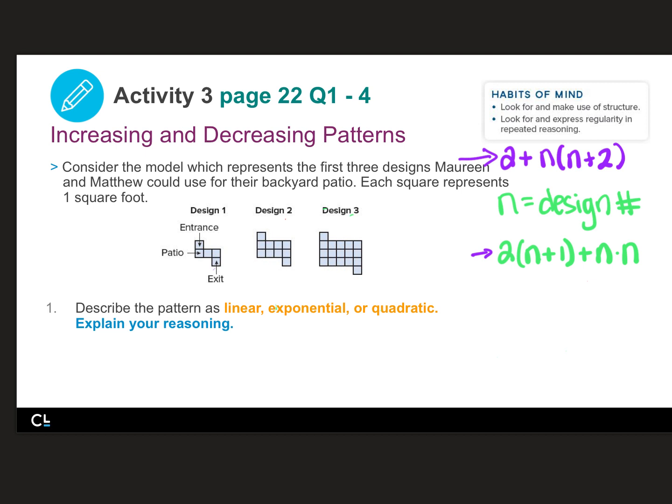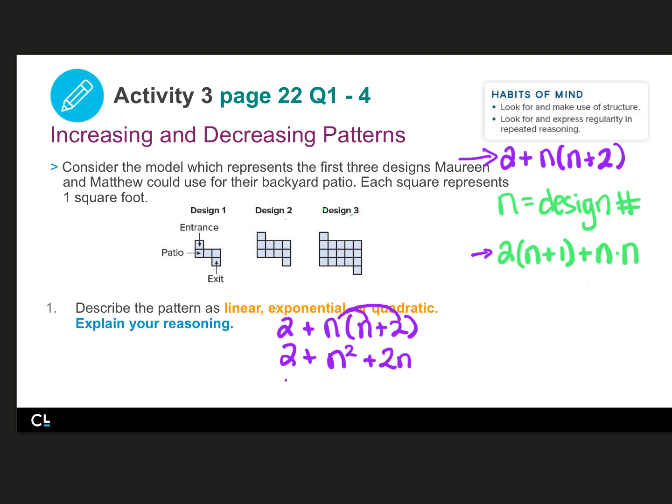We've also been talking about equivalency. So if I take that first expression that we wrote, those entrance and exit 2 tiles, and the rectangle in the middle that was n by n plus 2, if I use our algebra properties and I distribute, we can say that n times n is n to the second power, and n times 2 would be 2n.